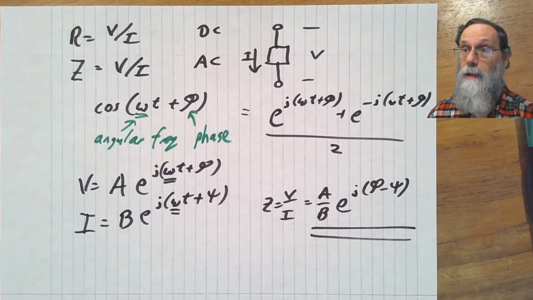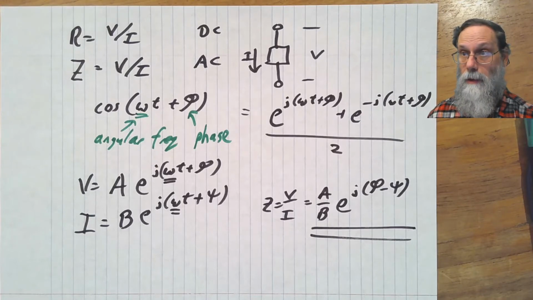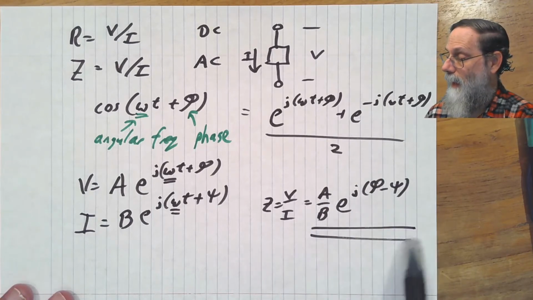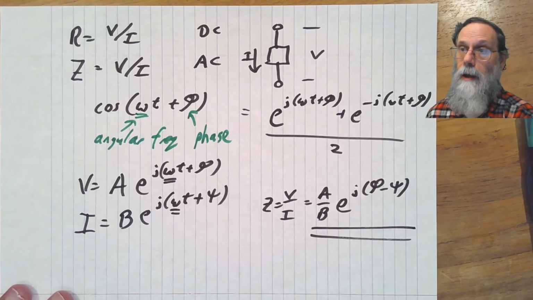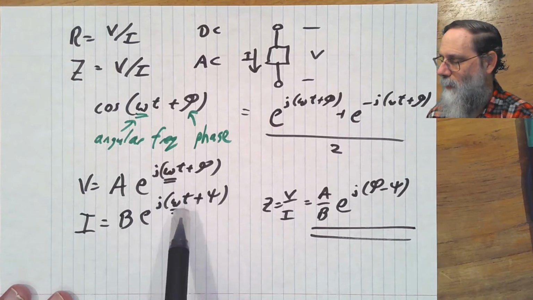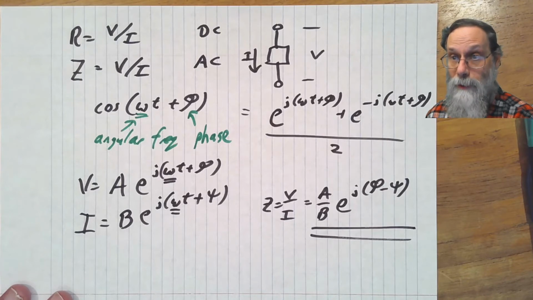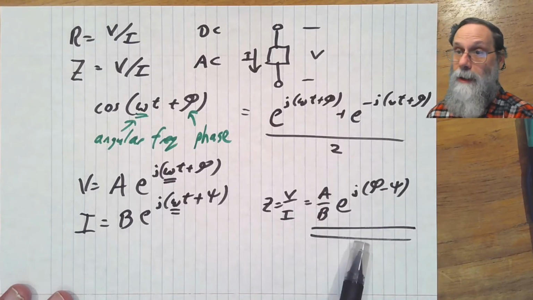So this is a constant. For any given linear component, we're going to get a single complex number that is the impedance of that component. Now, that'll be true for a particular value of omega. At a given frequency, everything here is going to be constant.